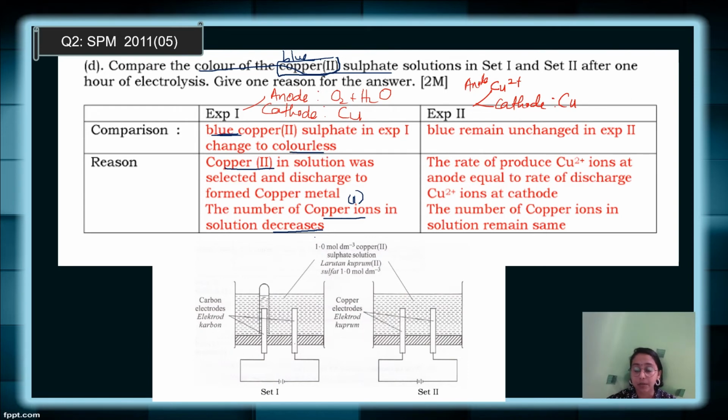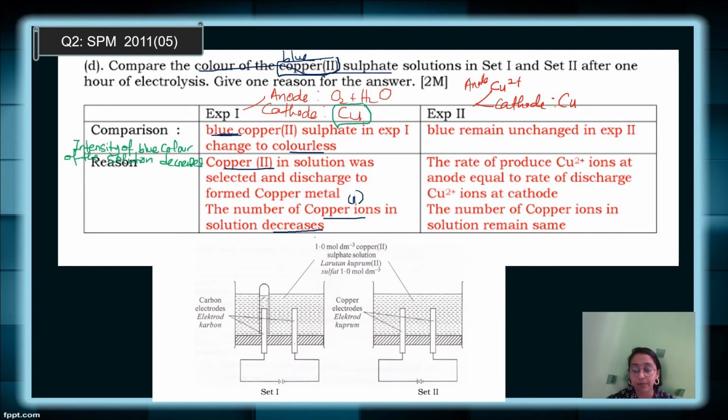If you don't want to talk about blue to colorless, you also have another alternative way of answering, where you can write like this: the intensity of blue color of the solution decreases, because as you can see here, copper is depositing.